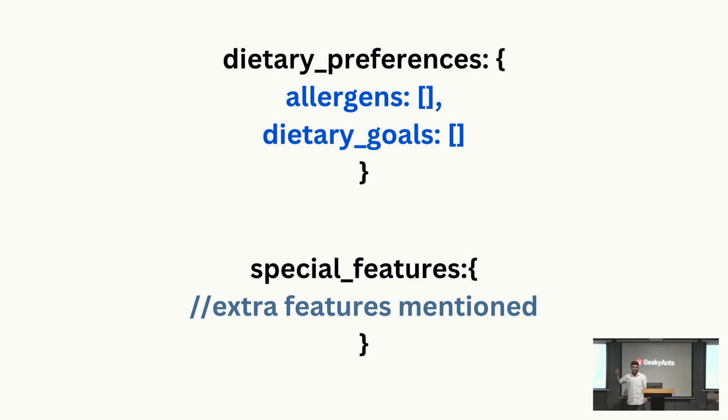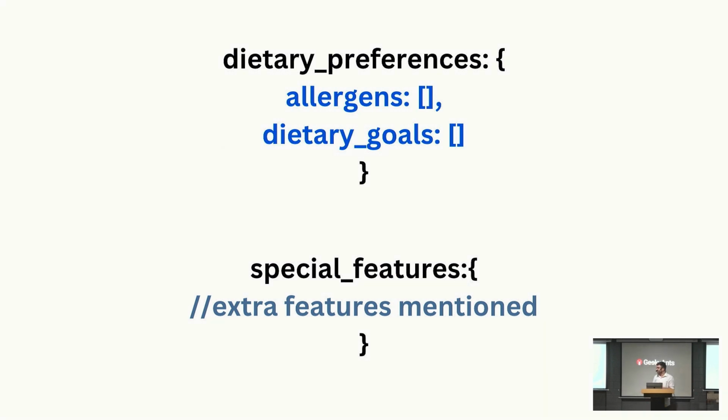These will contain elements from a universal set of arrays, which I'll also show. There is a fixed number of enums that are supposed to get into allergens, and a fixed number of dietary preferences that it will pull from to get into dietary goals, because obviously we don't want the system to be random when we are searching for a certain term or making a query into a database.